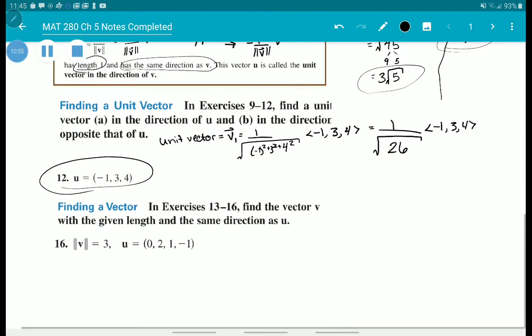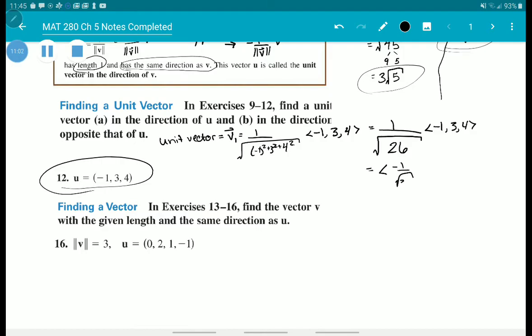So we could leave it like that, or we could multiply it out. So there's our unit vector. This guy will point in the same direction of the original vector, which they called u.